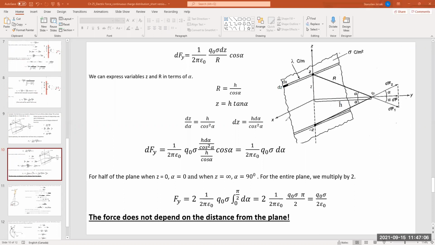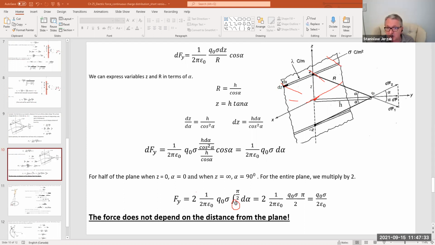Sir, I have a question. Yes, please. On the last part where you multiply by 2, why do we do that? I did it because, you see, I took the limits of integration from 0 to pi over 2, which means that I integrated only over this half of the entire plane. If the line of charge I take along the x-axis, then alpha would be 0.